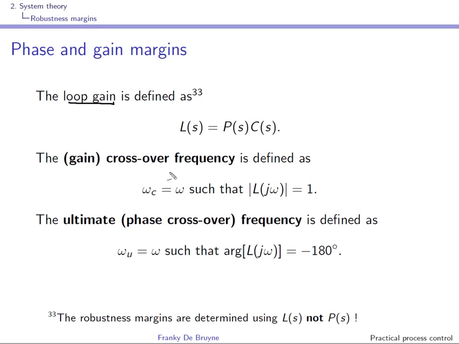Then you have to look at the frequency ω_c, where the loop gain is 1 or 0 dB. This is called the gain crossover frequency. And you have to look for the ultimate frequency, the frequency at which the phase shift is minus 180 degrees. This is sometimes called also the phase crossover frequency.